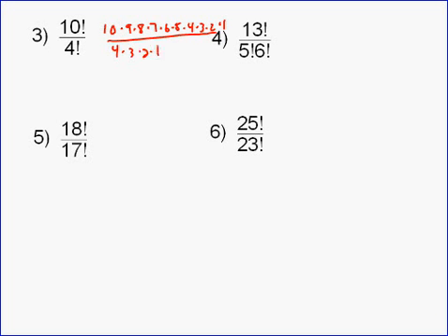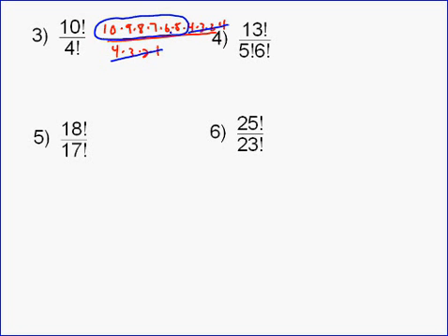Remember when I told you that 4 factorial is inside 10 factorial, so those just go away, right? Because 4 times 3 times 2 times 1 is on bottom and on top, so you can simplify those out. So really the problem is just going through and multiplying 10 times 9 times 8 times 7 times 6 times 5.